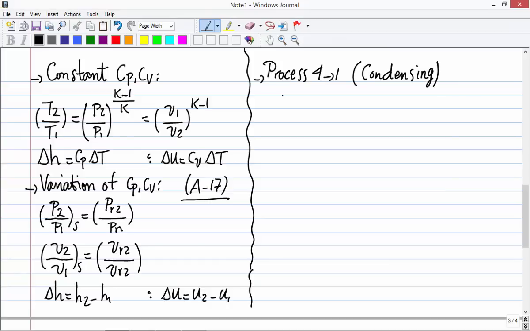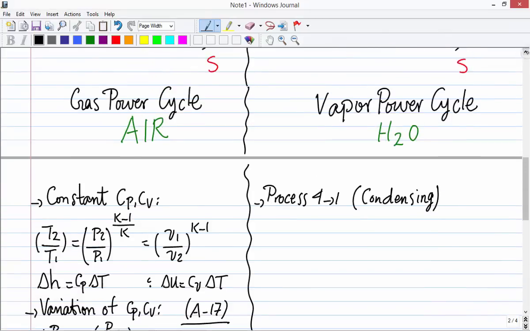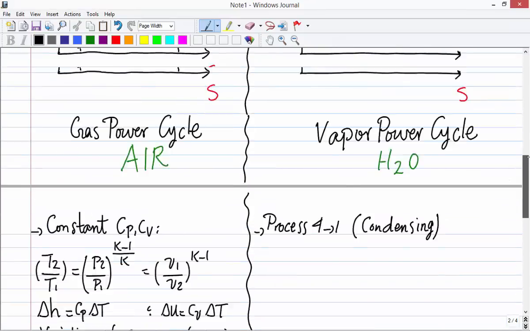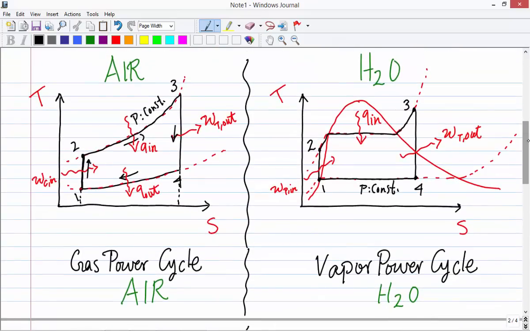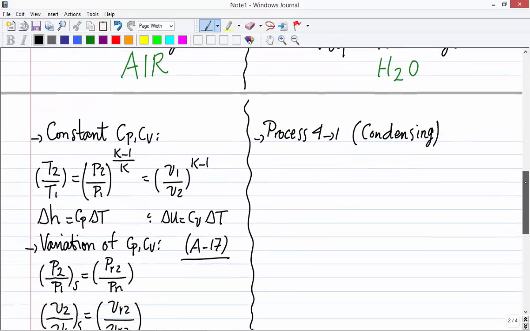Anyway, I'm going to start with process 4 to 1. See, 4 to 1 is condensing, 1 to 2 is pumping, 2 to 3 is boiling, 3 to 4 is the turbine, which is an expansion.